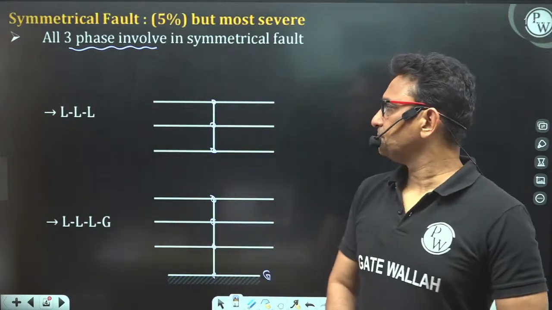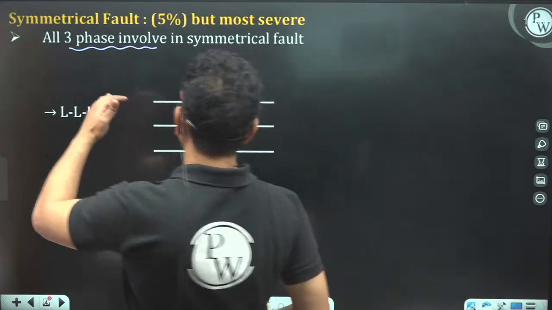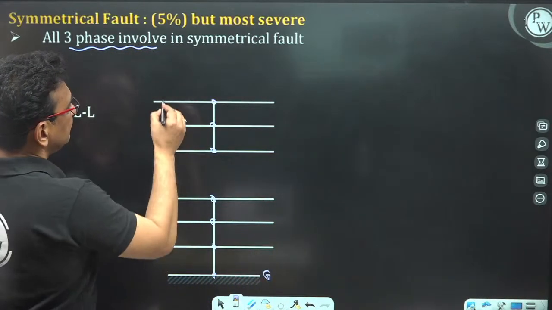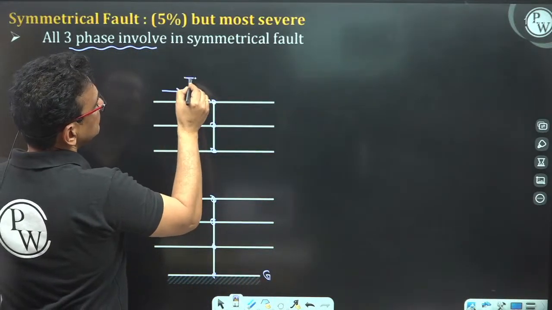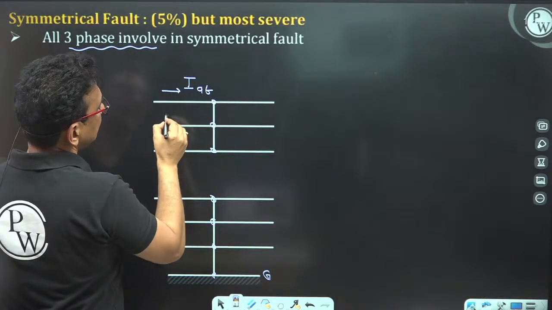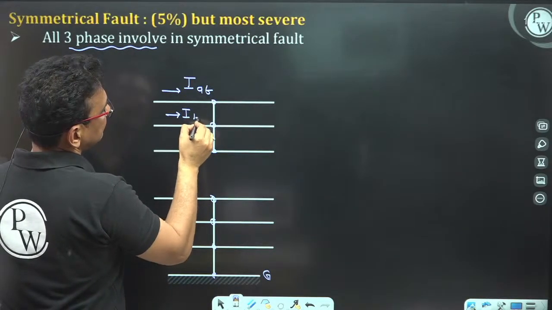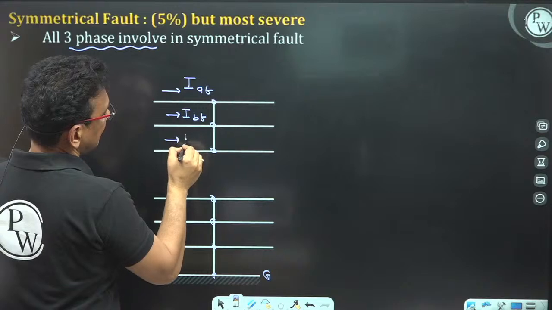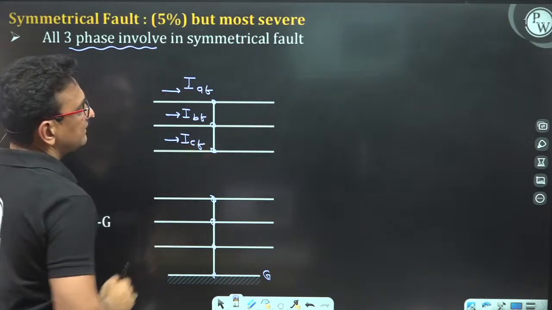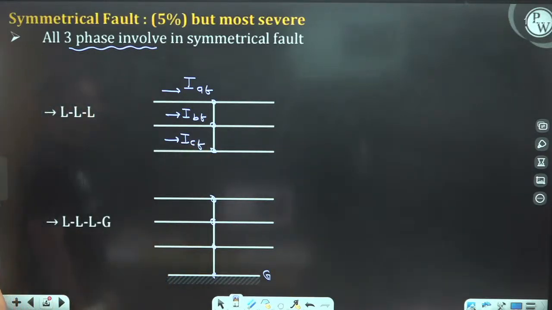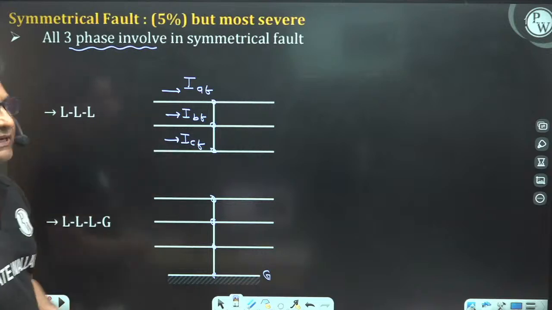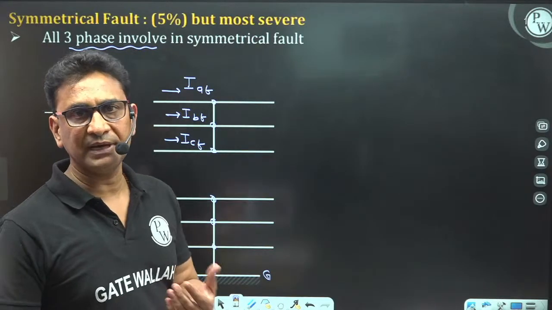Now see, at the time of fault, if the current in A phase is IAF, the current in B phase is IBF, and the current in C phase is ICF. IAF, IBF and ICF. In case of symmetrical fault, the system will remain in the balanced condition.